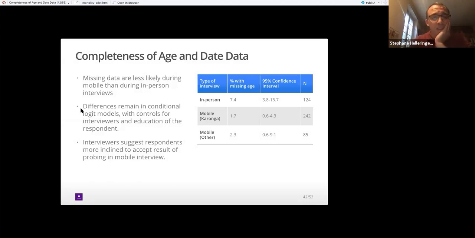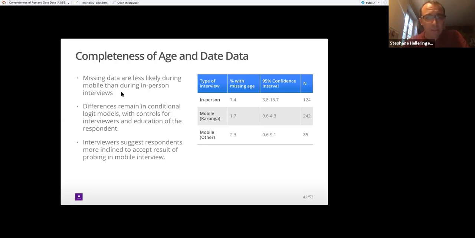Surprisingly for us, we found that missing data were less likely to occur on the age of the mother, whether deceased or surviving, during mobile interviews than during in-person interviews. So during in-person interviews, 7.4% of the maternal reports had missing age versus 1.7% in mobile interviews.